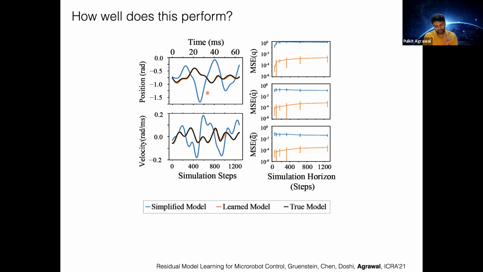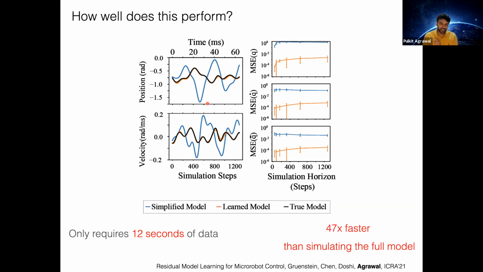And because we're only learning a limited amount of things, this can be very fast. For example, we only require 12 seconds of data. And running this residual model is 47 times faster than simulating the full model. And what this means is I can use this learned residual model as my simulator and then do learning in that.